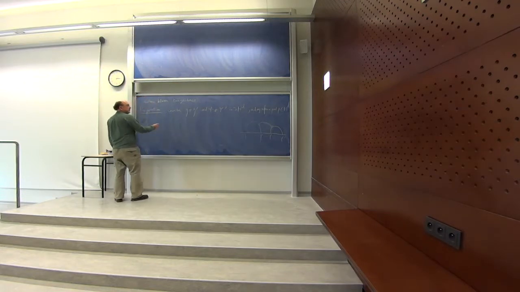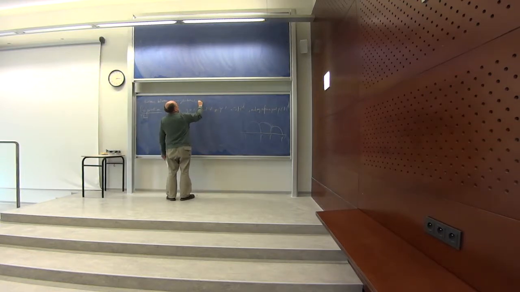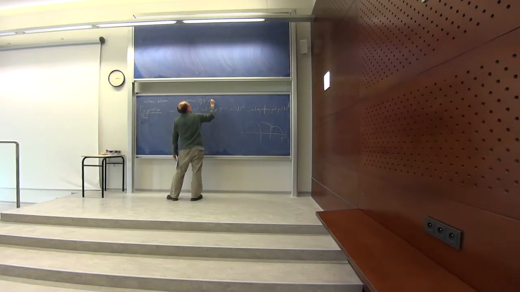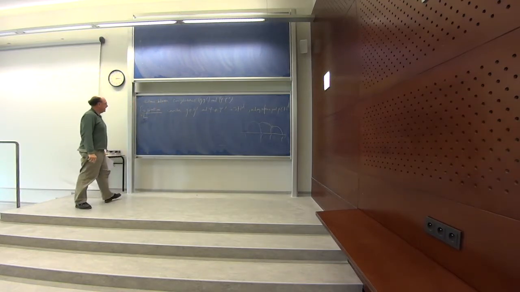So the answer is, the two geodesics are of course eta prime and phi prime. These ones are there.